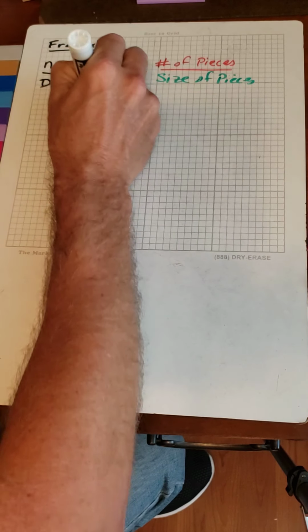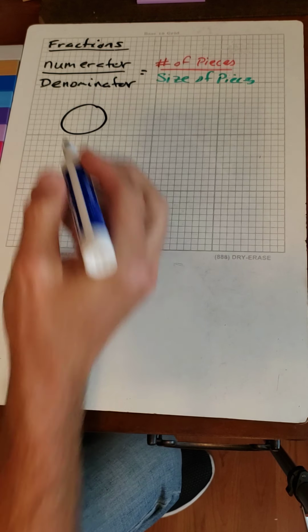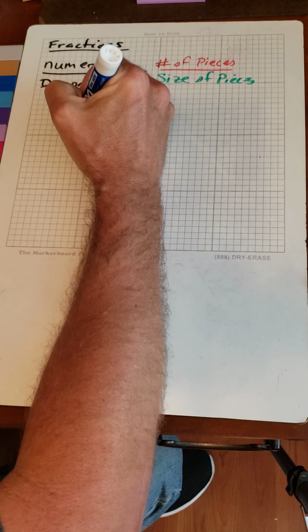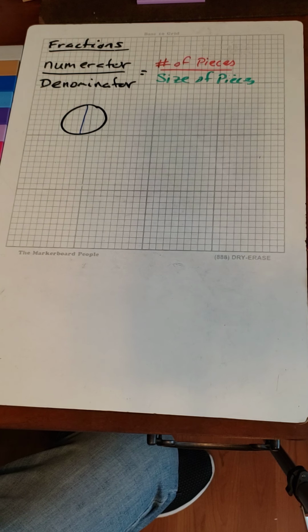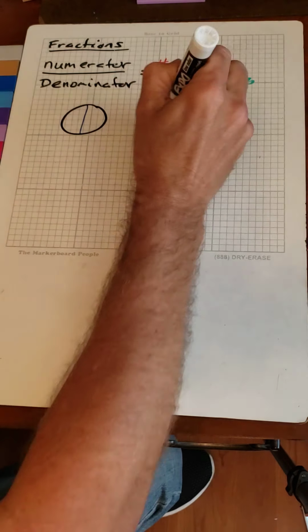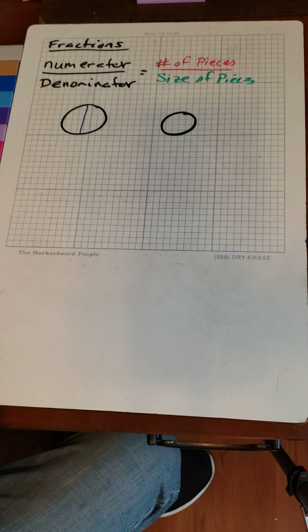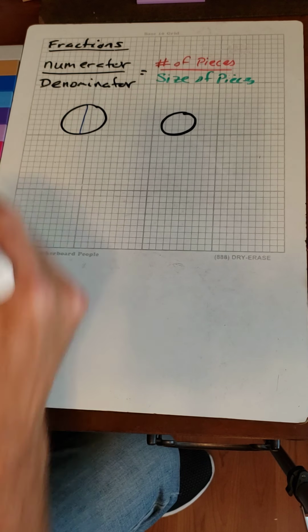When I say they can't draw circles, it's not that they can't draw a circle like that. That's not my issue. Now show me halves. Just cut that into halves. So they'd do something like this. Perfect. And then you say, draw a circle and show me fourths. And maybe on this one, you say, color in and show me a half. So maybe they do this.